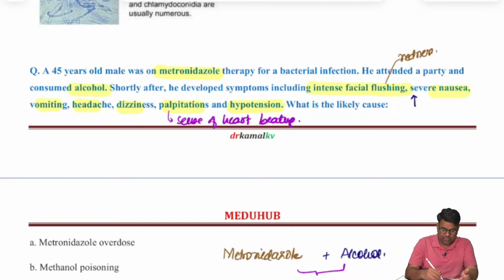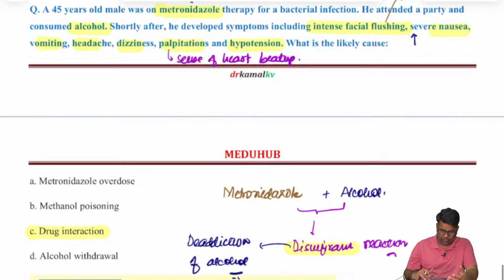Here in this case, the patient is not taking disulfiram but metronidazole, and along with this drug, if he takes alcohol, a similar reaction appears as with disulfiram and alcohol. Therefore, this is known as a disulfiram-like reaction, a drug plus alcohol leading to all these manifestations.